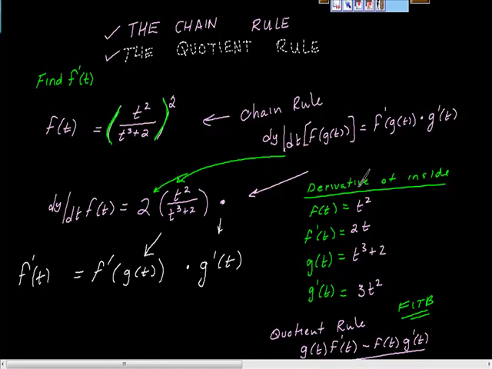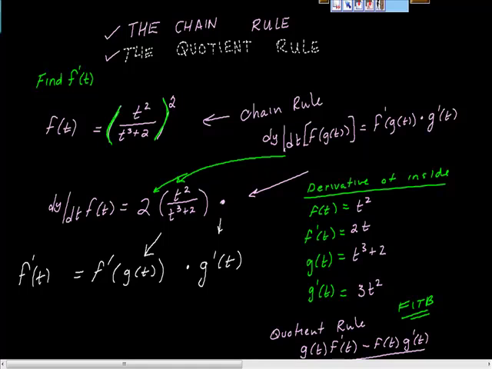The top part we're going to call f of t. So f of t is t squared, and the derivative of t squared is 2t, that's right, isn't it? And then the bottom part we're going to call g of t. So g of t is t cubed plus 2. So g prime at t is 3t squared. Don't you agree?